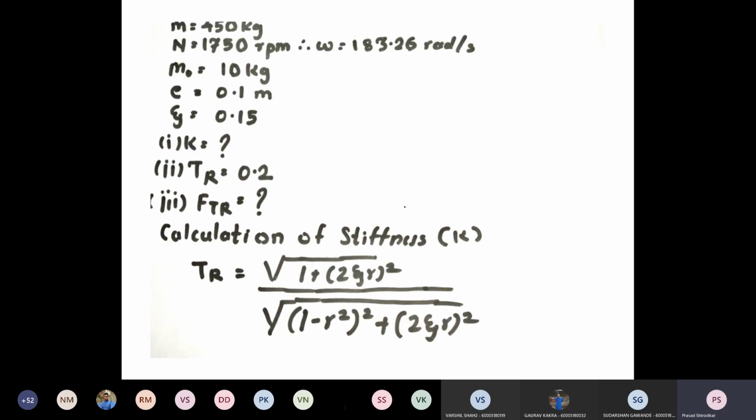So substitute TR equal to 0.2, and you know the value of zeta. Substitute and find out the value of r square. You will get a quadratic equation of r square.